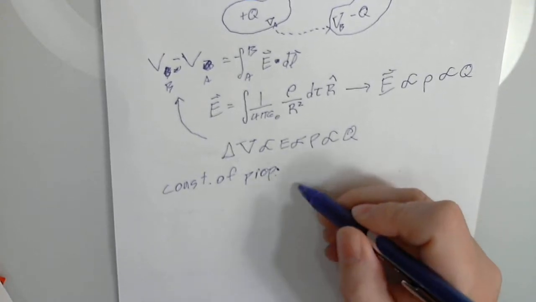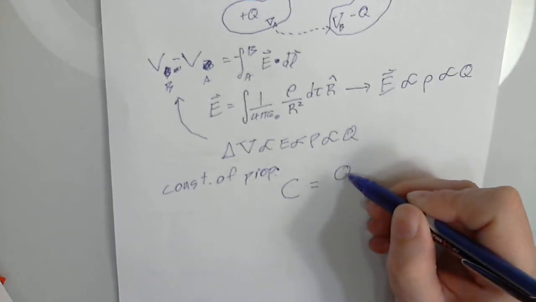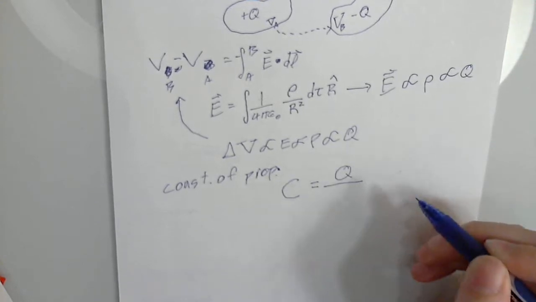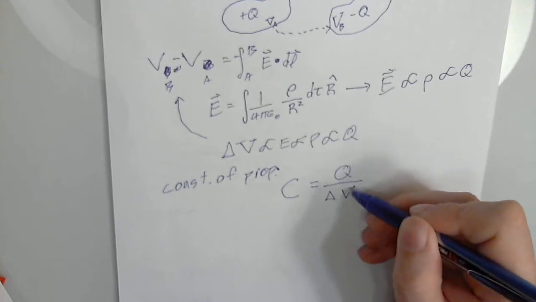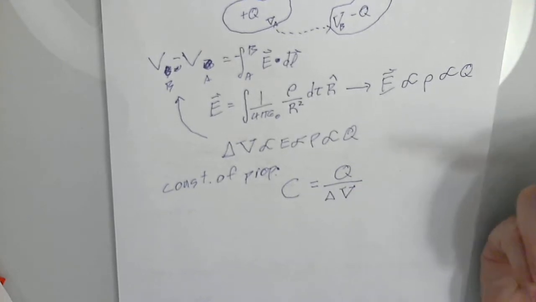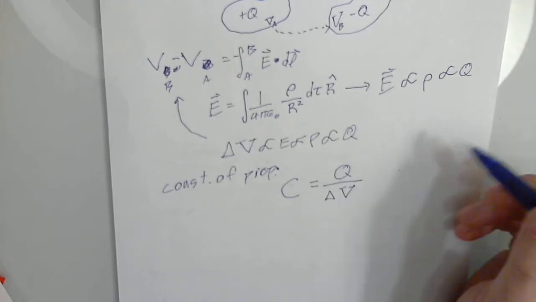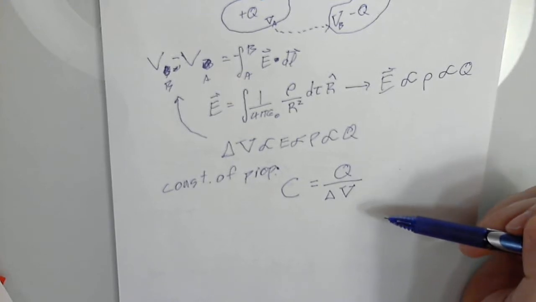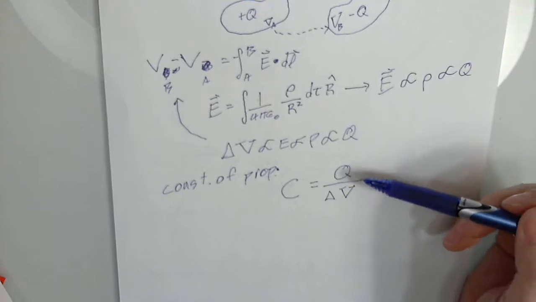All right, we call it capacitance, which is equal to the charge that we've put on one of the conductors and taken off the other one, divided by the voltage difference, or the potential difference between those two. This quantity is not going to depend on Q or delta V. It's going to be entirely a measure of the geometry of the problem.